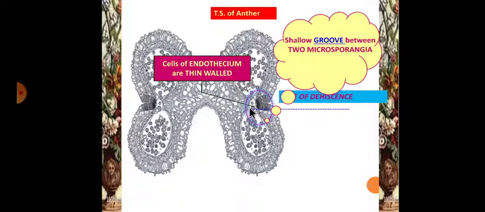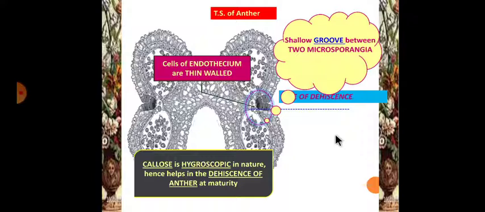This groove is called the line of dehiscence. Callose which is there in the endothecium cells is hygroscopic in nature. Hence, it helps in the dehiscence of the anther at maturity.